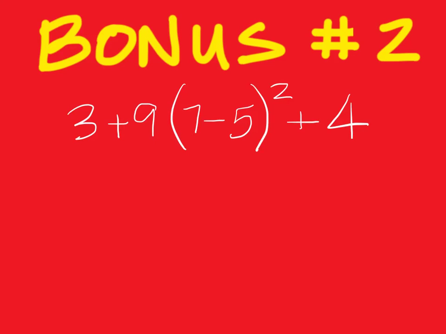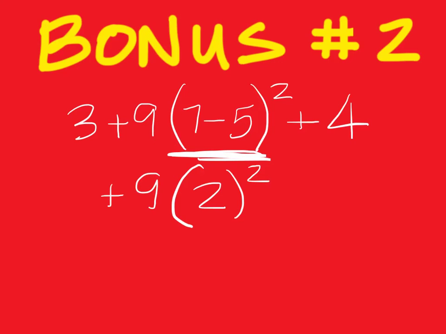On this bonus problem, you should do 7 minus 5 first to get 2. And then keep everything else the same. 2 to the second power means 2 times itself, so that's 4.